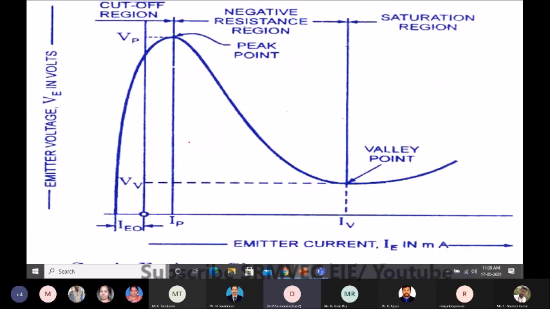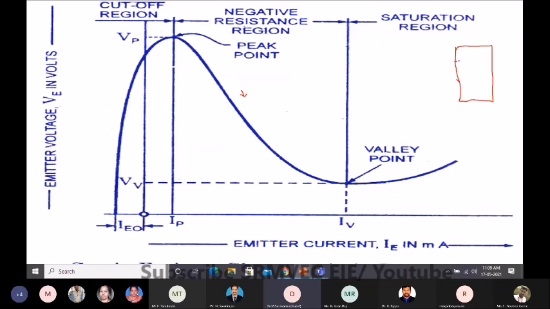So the characteristics, you can see here. When you increase the input, the output must also increase. That is the usual thing we have. But there is a decrement in this. So why is there this decrement? For this you have to consider the constructional detail.